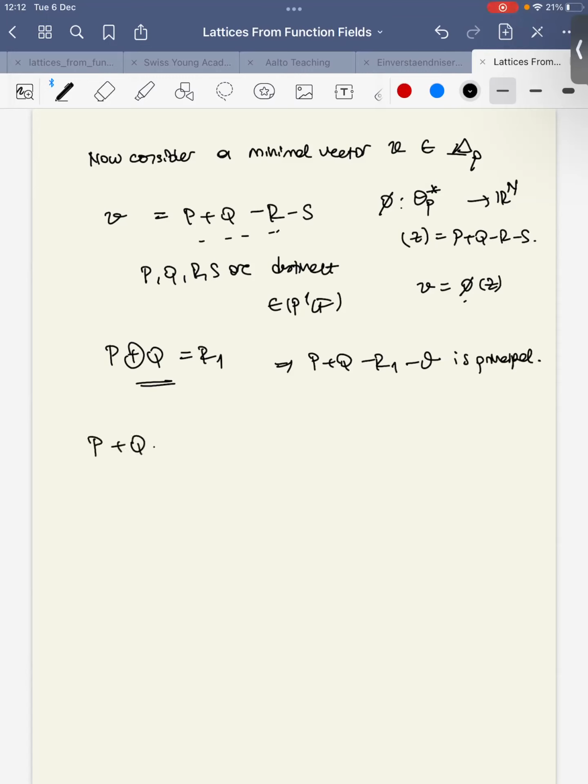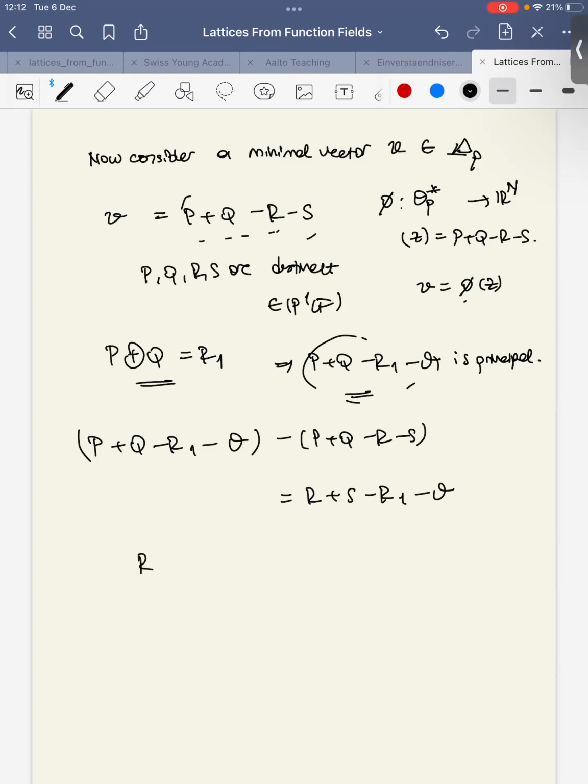Then if you look at the difference of this principal divisor and this principal divisor, it is in this form. And now by using Proposition 2.1, we can conclude that R + S equals R1.